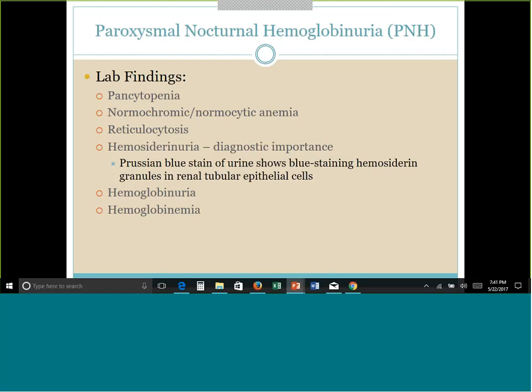But overall, the red cells tend to stay the same size if they're normal. So for the most part, hemolytic anemias will fit in that normal category. Of course, all hemolysis, including PNH, will show an increased reticulocyte count. And then you're going to see those classic findings of an intravascular process, the hemosideruria, hemoglobinuria, and hemoglobinemia. So all three are very much signs of an intravascular hemolysis.